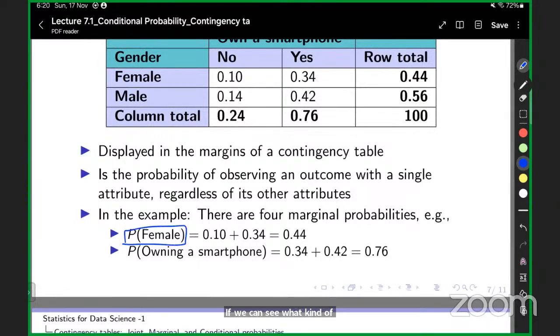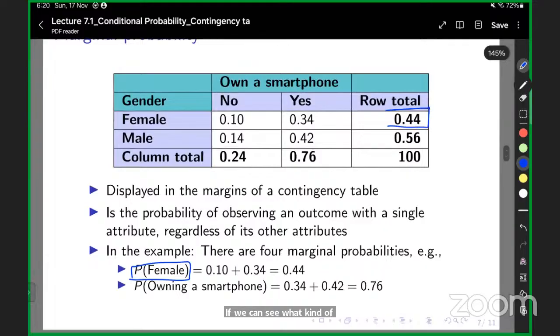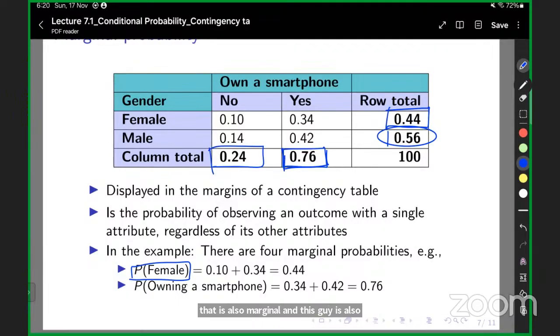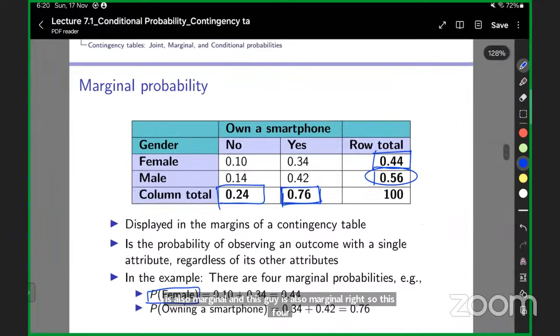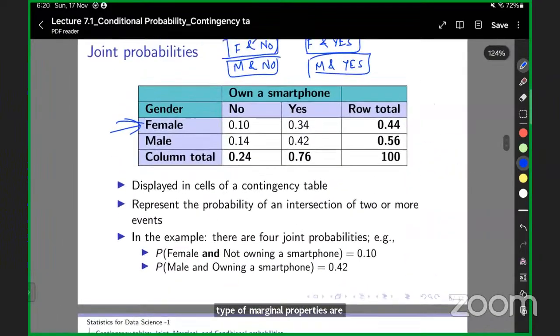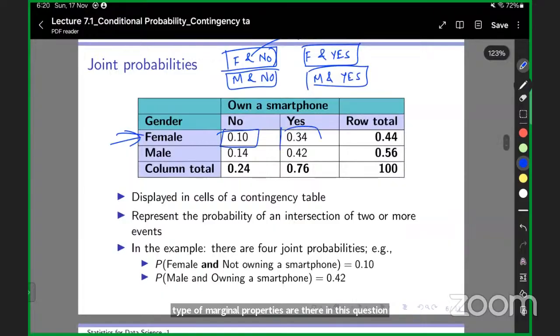Probability of female, this is a marginal probability. If I ask you what is the probability of male, this is also a marginal probability. If I ask you what is the probability of owning a smartphone, that is also marginal, and this one is also marginal. So there are four types of marginal probabilities in this question, and the four inside the table are joint probabilities.